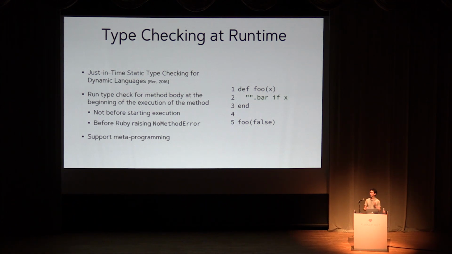So if we execute using the normal interpreter, it doesn't report the type error. However, their type checker type checks both branches of the if. Even if the parameter x is false, it type checks the bar method call on String. So it finds the no method error in that program.